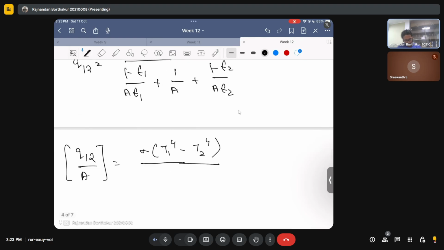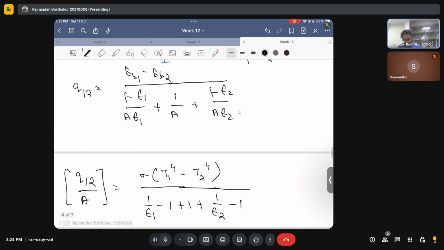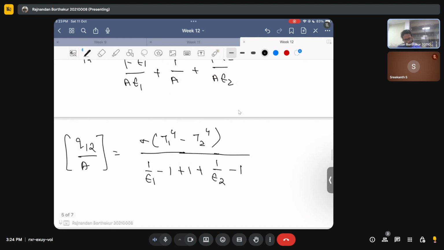And then I'll have maybe 1 by epsilon 1 minus 1 plus 1 plus 1 by epsilon 2 minus 1, maybe. Just check the algebra again. So if I'm just breaking this, which will be just 1 by epsilon 1 minus 1, and then this is just going to give me 1, and this is going to give me 1 by epsilon 2 minus 1. Yeah, I think this is correct.